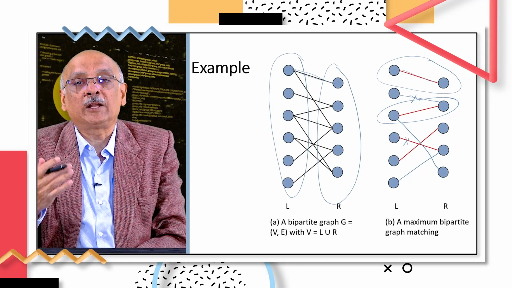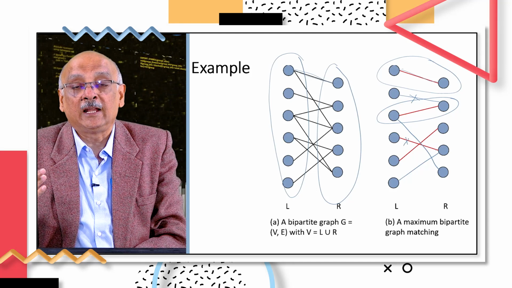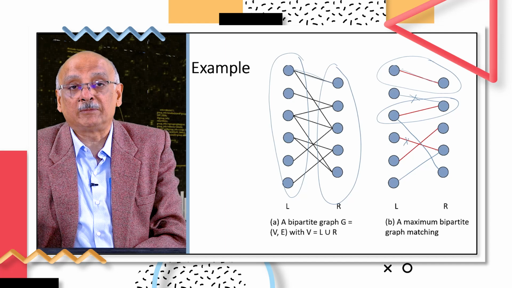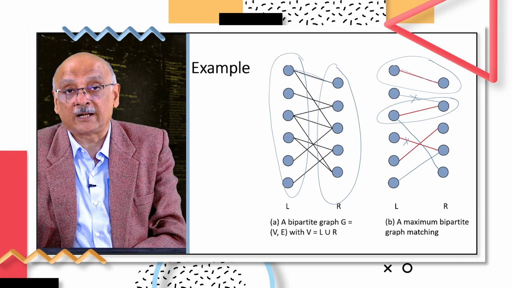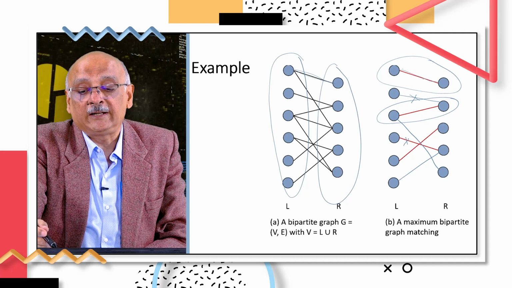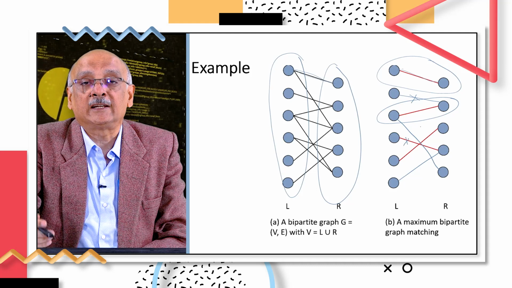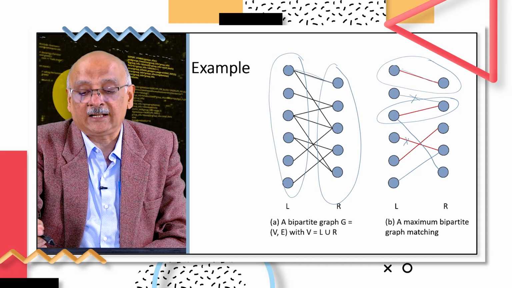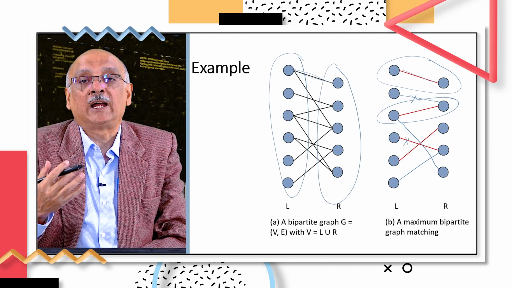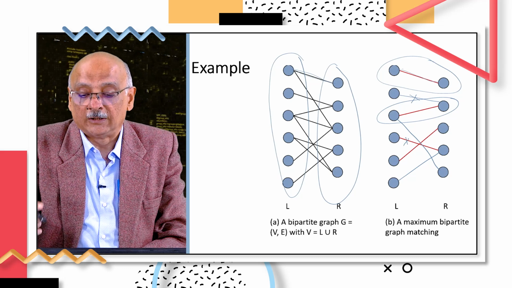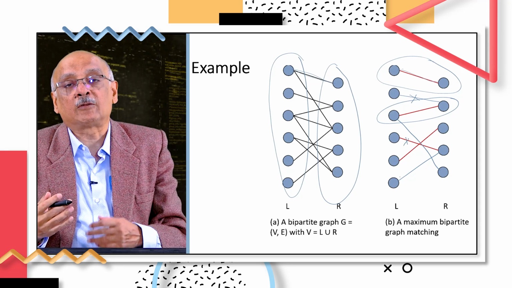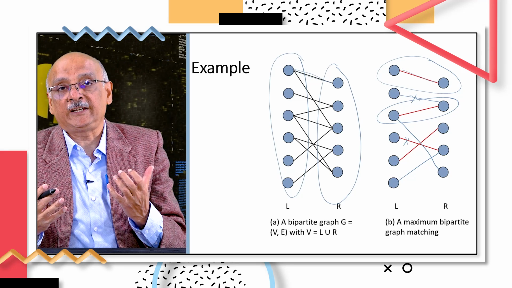So there are a number of ways by which we can possibly make this bipartite matching, but what we really need is to get a maximal matching, after which this particular property might be over. So what we really require is a maximum bipartite matching.